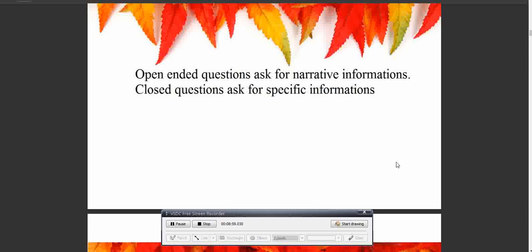For instance, a closed question: do you have headache in the morning or at night? That one is closed because it's either morning or night. The open-ended question is: at what time do you always have the headache? This gives you narrative information.